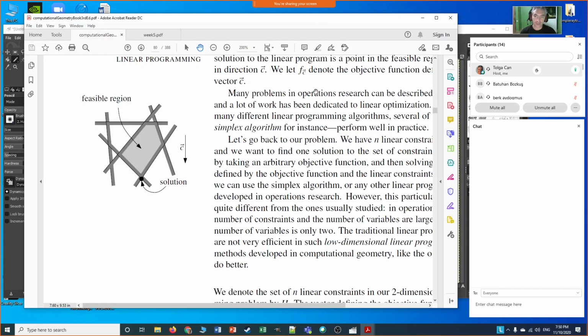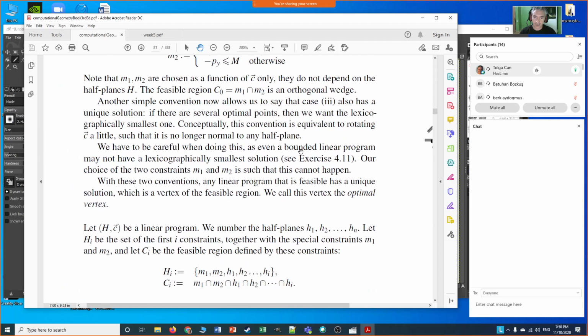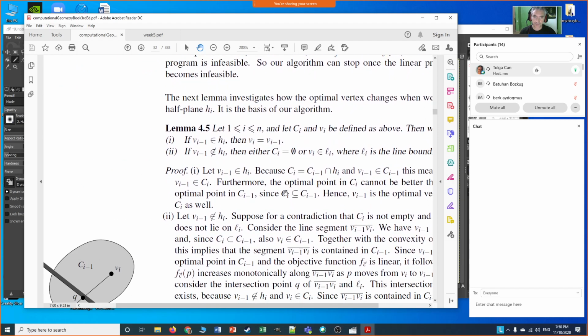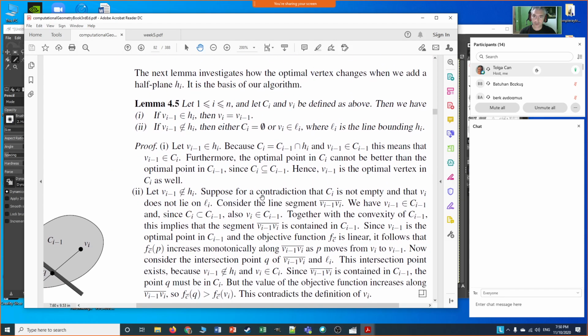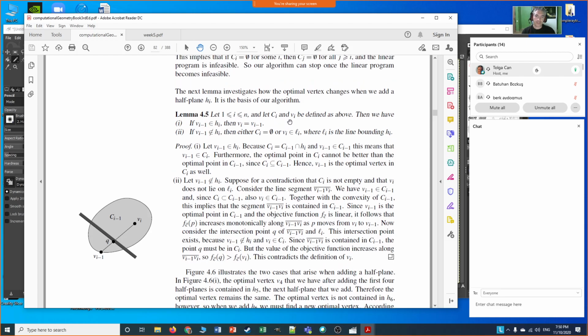I will also talk about that, but that's basically the algorithm. If you look at this pseudocode, yeah, this one, if you look at this lemma 4.5, for a constraint between 1 and n, for a certain constraint, let vi be the extreme point that satisfies all of the constraints up to ci.